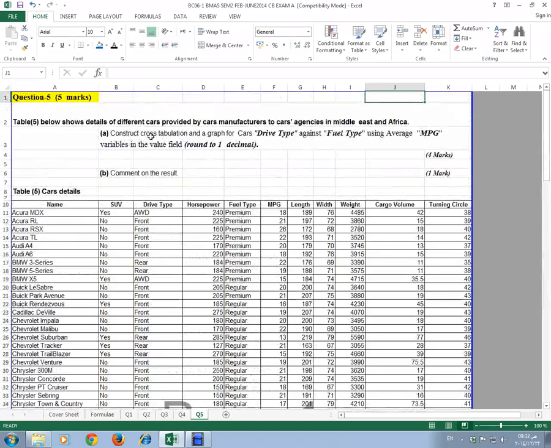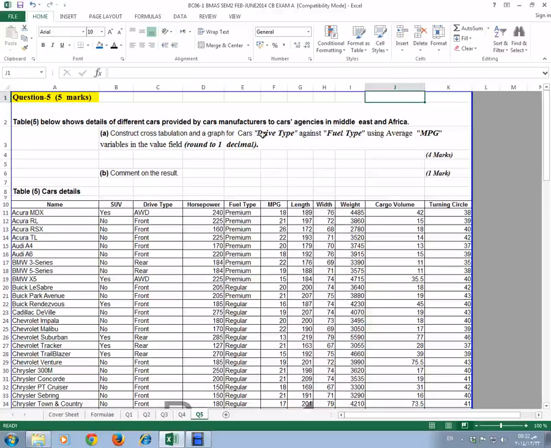The question here: construct a cross tabulation. Cross tabulation means that we want one of the variables to be a row against another one to be a column, or column against row. This is the meaning of cross tabulation.